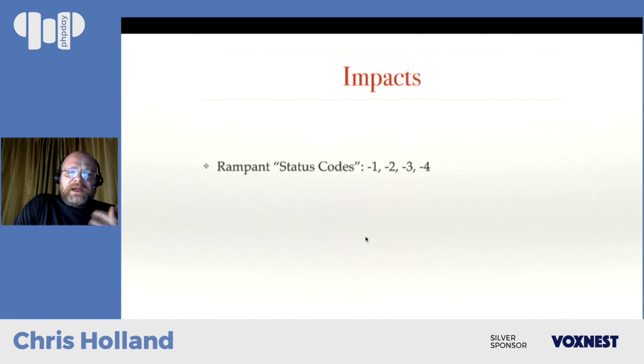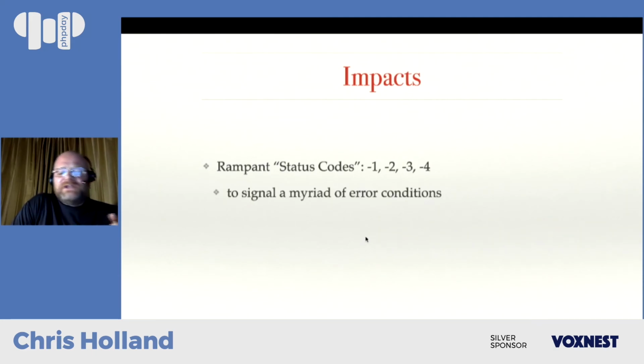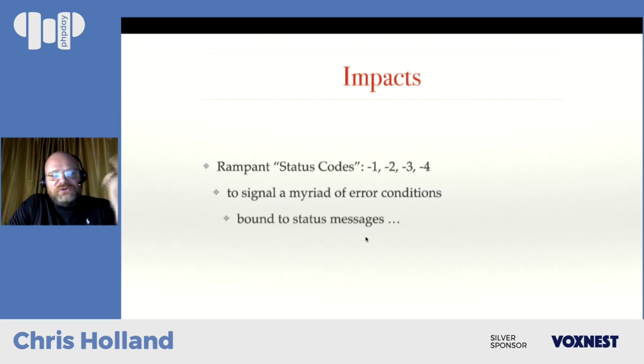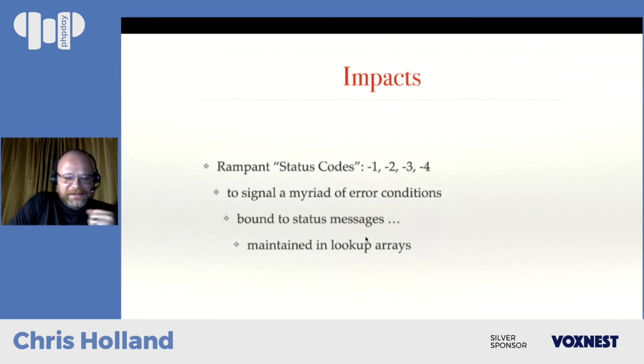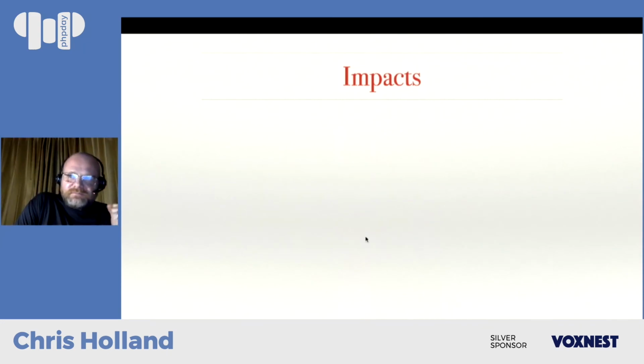And now you end up with rampant status codes in your code base, -1, -2, 3, 4, to signal all these error conditions. And then you're going to want to bind these status codes to status messages, and you're probably going to try to maintain them in global lookup arrays. It's going to be so much code, and when that happens, things become painful.